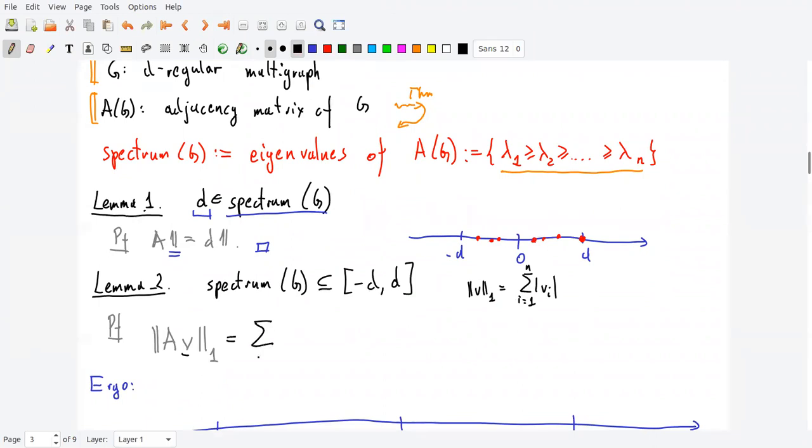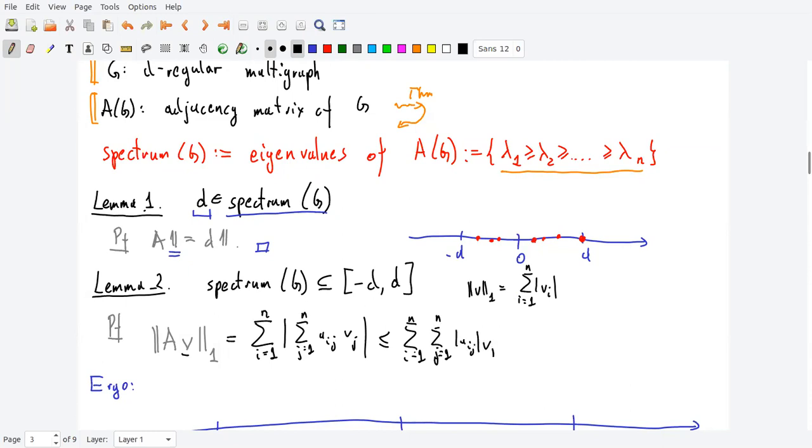It is the sum from i equal to 1 to n, and now I need to understand the i-th entry of A times v. So this is the sum from j equal to 1 to n of a_ij times v_j, where a_ij is of course the ij entry of the adjacency matrix. Now this I can bound by the sum of the absolute values.